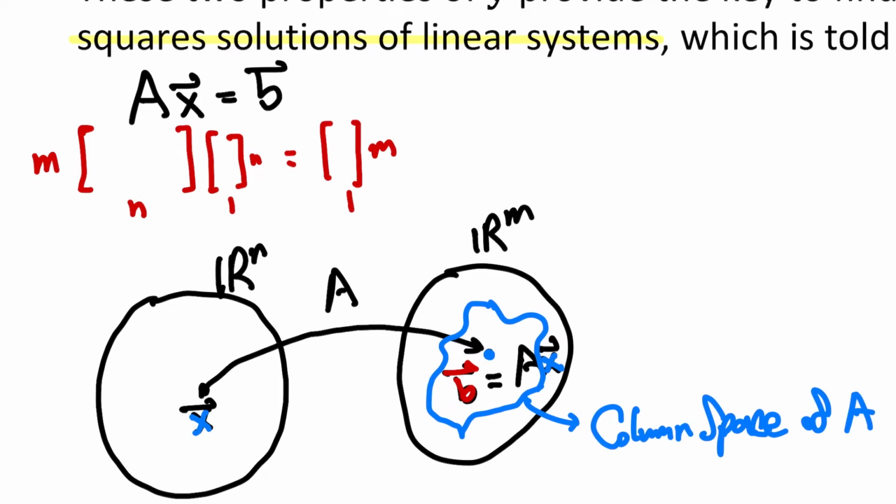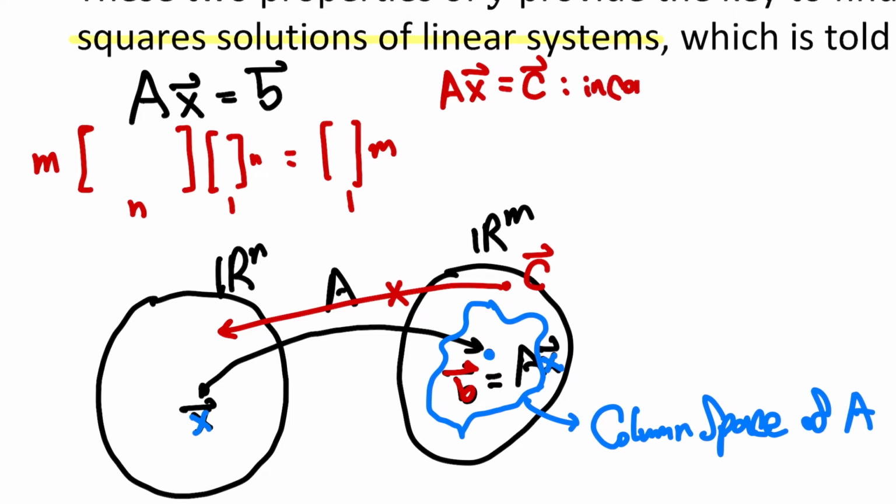And we already know that if there is another vector c outside the column space, there is no mapping point in the solution space x, so we cannot find the solution. It means that Ax = c is inconsistent, or there is no real solution.